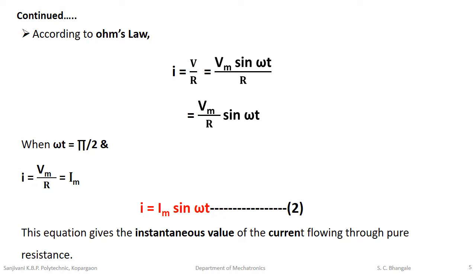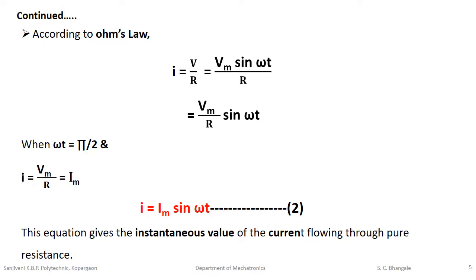According to Ohm's law, we can say that I equals V by R, which equals, if we put the value of V from the previous equation, Vm sin omega t divided by R. If we simplify this equation, we can also write Vm by R into sin omega t.